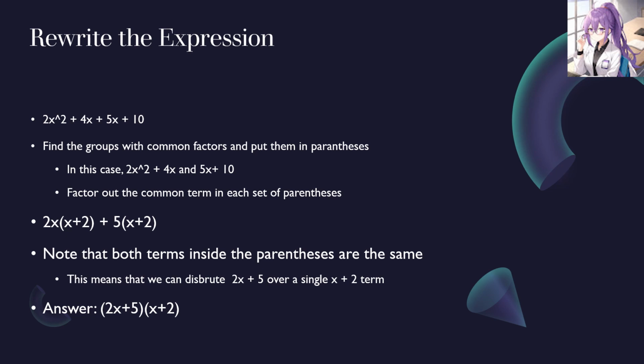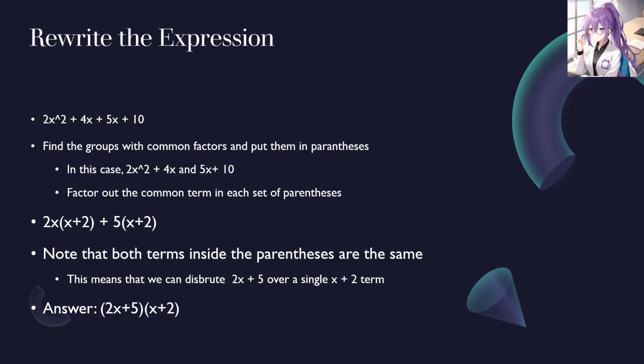The next thing we're going to do is group the terms that have common factors together. We can see that 2x squared plus 4x have a common factor of 2x, and 5x plus 10 have a common factor of 5. So we're going to factor the 2x out of the first term and get 2x times the quantity of x plus 2 added to 5 times the quantity of x plus 2.